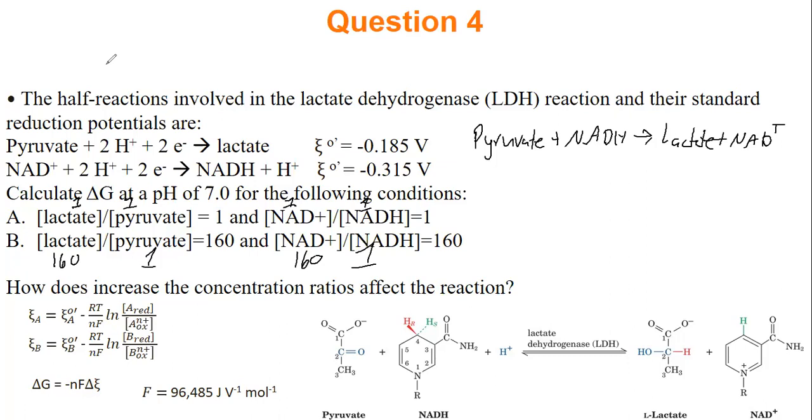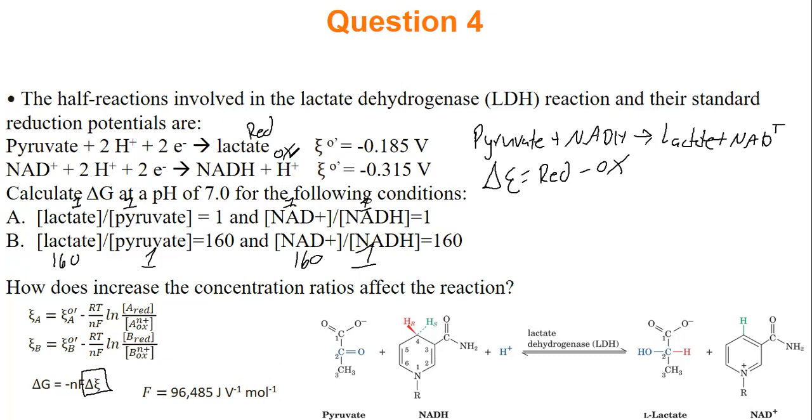And one of the things we need to solve this is our delta E. And remember, delta E is what's being reduced minus what's being oxidized. So our pyruvate is being reduced, our NADH is being oxidized.